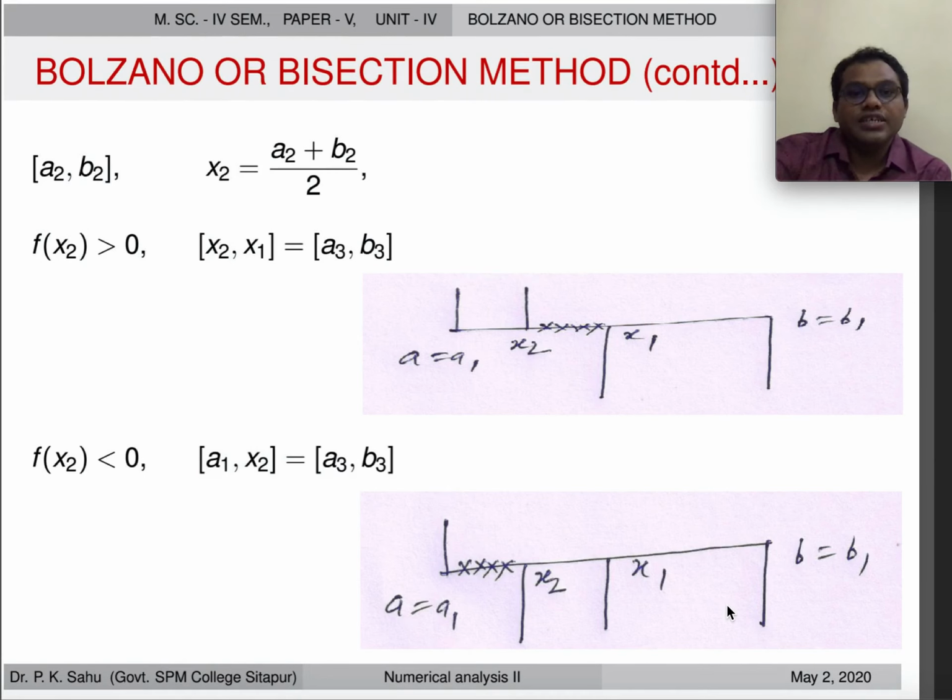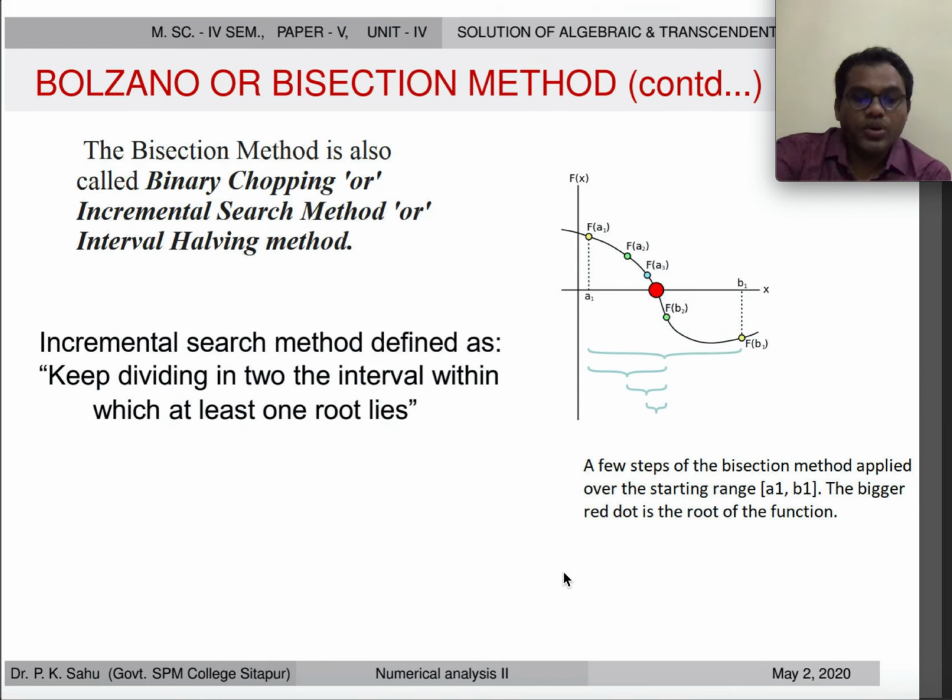Similarly, here the length of the interval x2 x1 is half of the length of the interval a1 x1, and it is 1 by 2 squared of the length of the original interval a1 b1. Similarly here a1 x2. So in every step we are obtaining an interval that is 1 by 2 of the interval of the previous step, meaning after n steps we obtain an interval which is 1 by 2 to the power n of the length of the original interval.